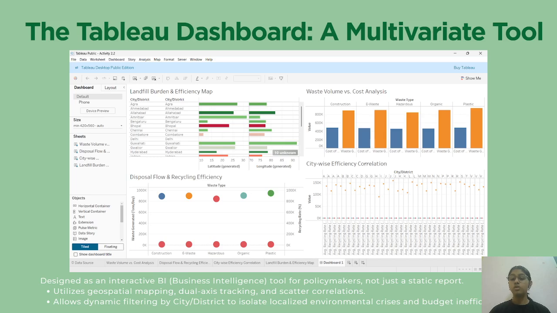The third is disposal flow and recycling efficiency, with the rate of disposal, how the recycling is done, and what its efficiency is. Next is city-wise efficiency correlation. In a particular city, how much waste is generated and how the recycling is done, those efficiency correlations are shown in sheet number 4. So this is my overall Tableau dashboard.